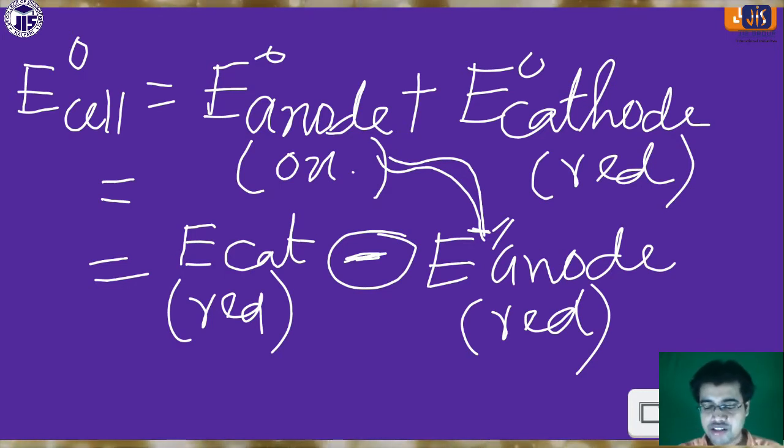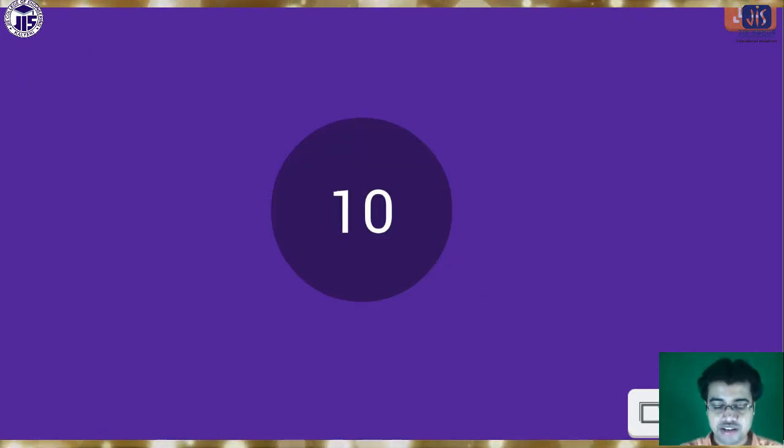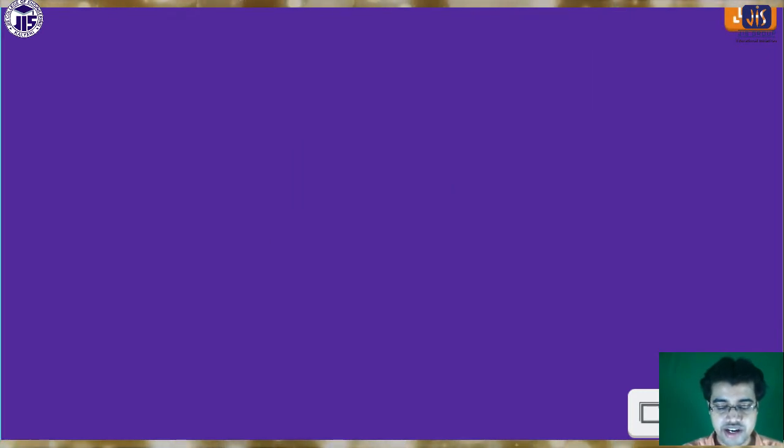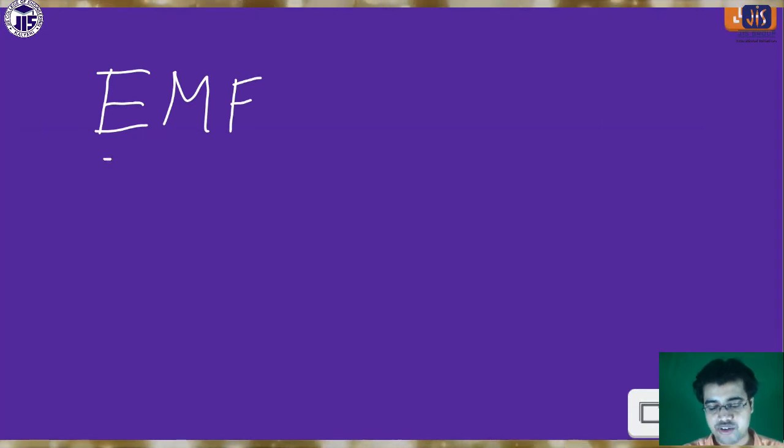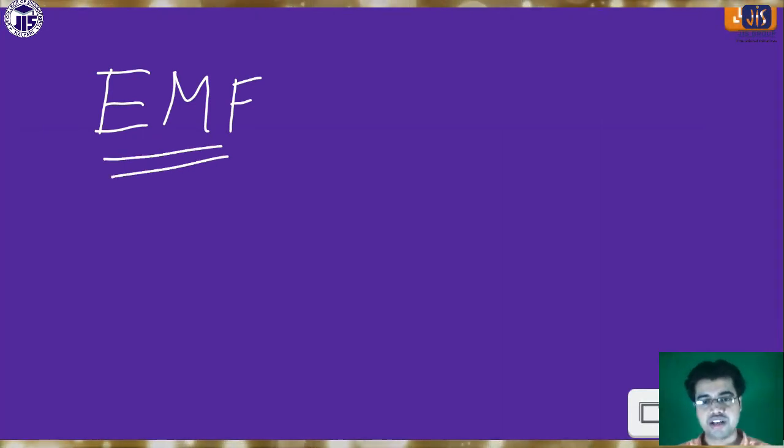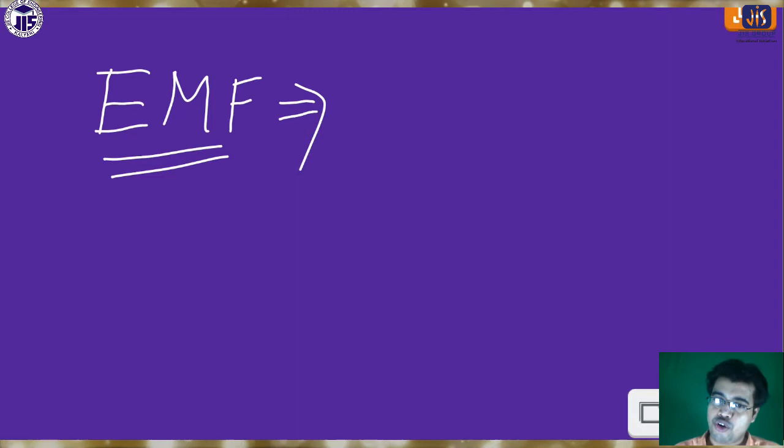Now what is the EMF? What is written here as E is generally the EMF, or electromotive force. How can we define the electromotive force? Electromotive force is that which causes the flow of electrons from one electrode to another electrode and results in the flow of current.